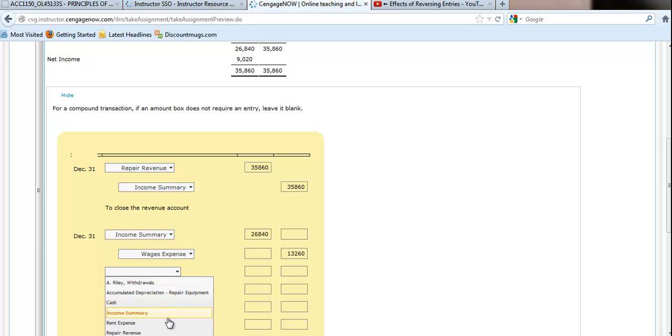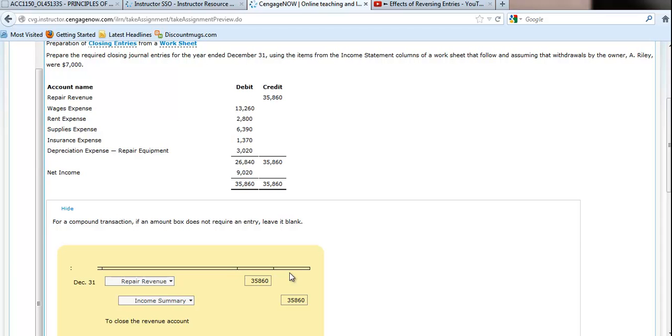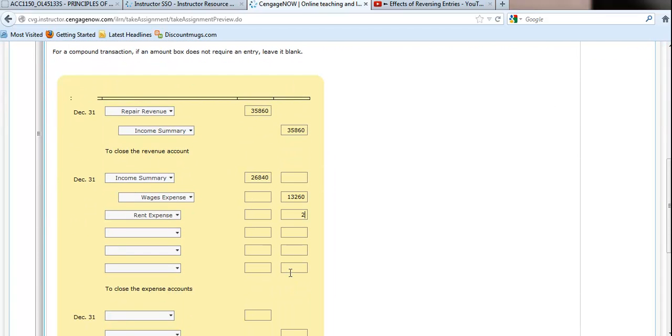Then I'm going to have my rent expense, which is $2,800. And then after rent expense, I have supplies expense. And the amount in my supplies expense is $6,390.